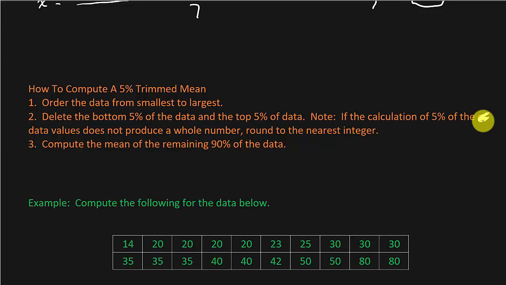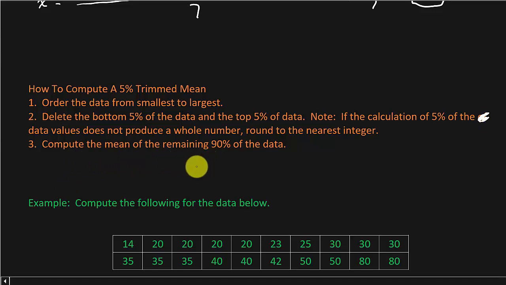So in other words, if you do 5% of the data values and you get something like 1.3, 1.7, or 2.8, you round to the nearest whole number, or the nearest integer. And then compute the mean of the remaining 90% of the data.